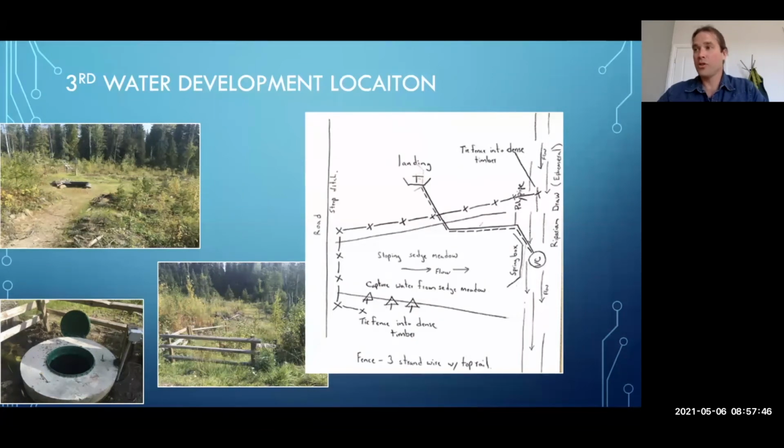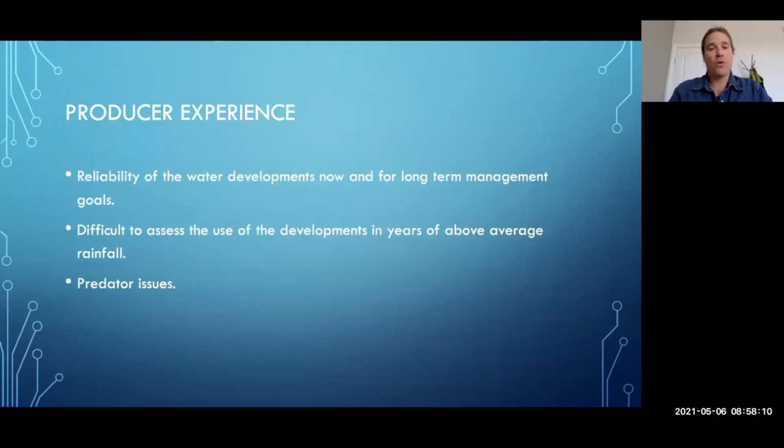It also used an existing landing from forestry operations, so there's very good gravel and firm footing around that water trough for livestock, so we don't have to worry about muddy footing when they're accessing water. Overall, for the producer experience with this development, the reliability of water for now and for long-term management goals is very important to them.